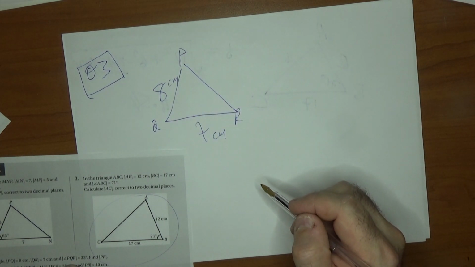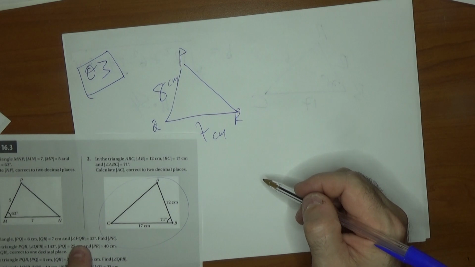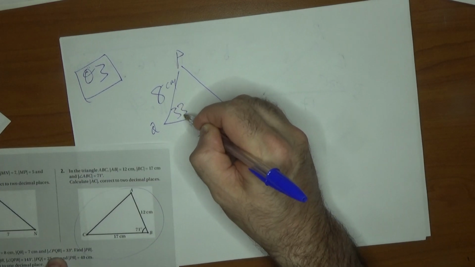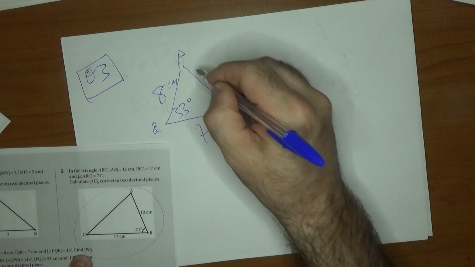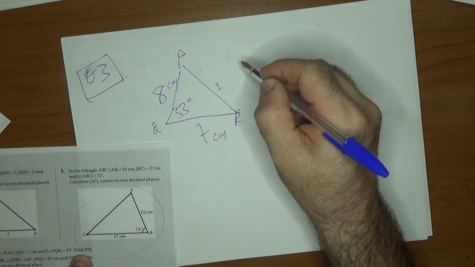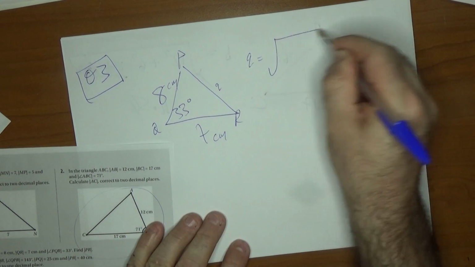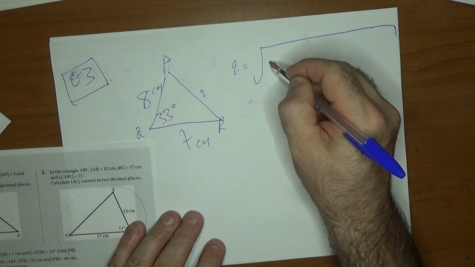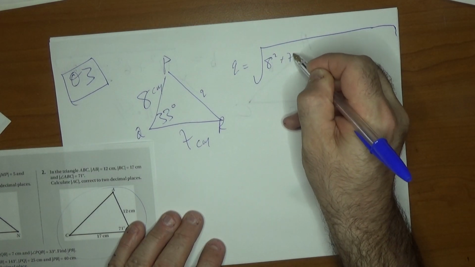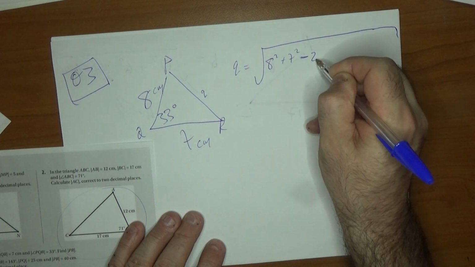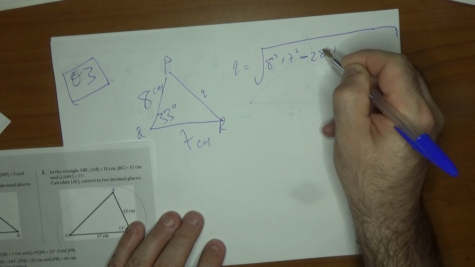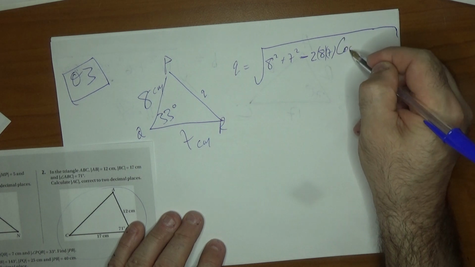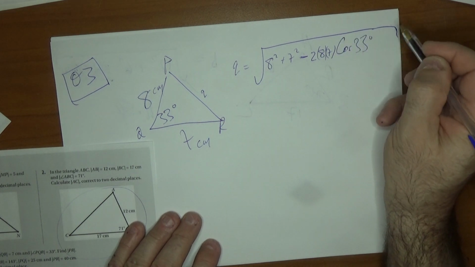And the angle at Q is 33 degrees. Find this. Find Q. Q equals the square root of, this needs to be very long. Okay. 8 squared plus 7 squared minus 2 times 8 times 7 times the cosine of 33 degrees.